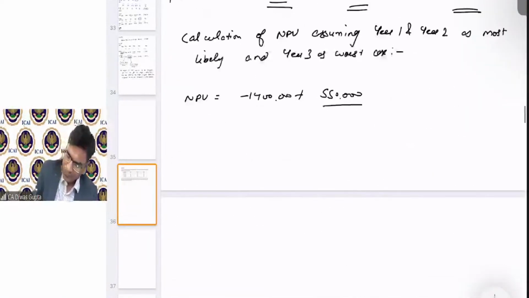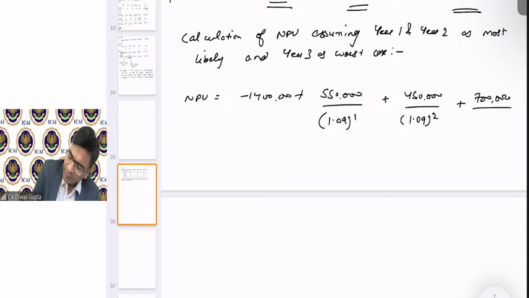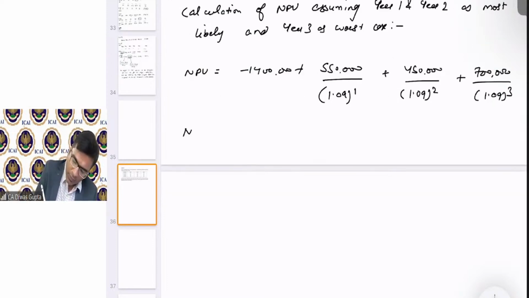Perfect. 1.09 raised to the power 1, 4,50,000, 1.09 raised to the power 2, 7 lakh raised to the power 3. So hence NPV becomes 23,871.